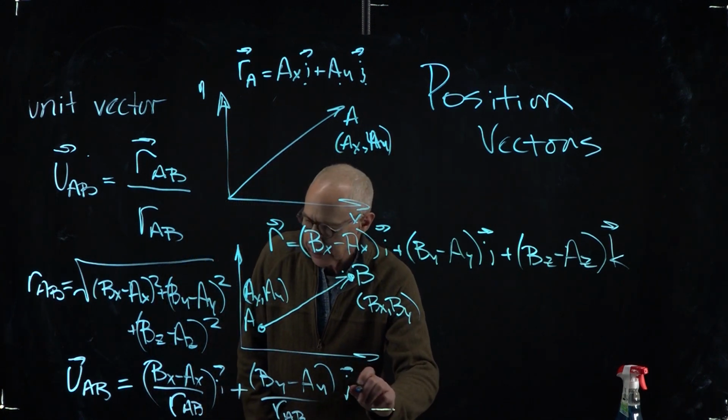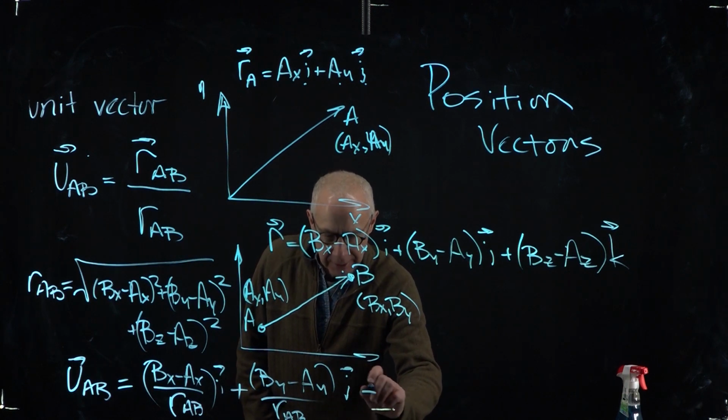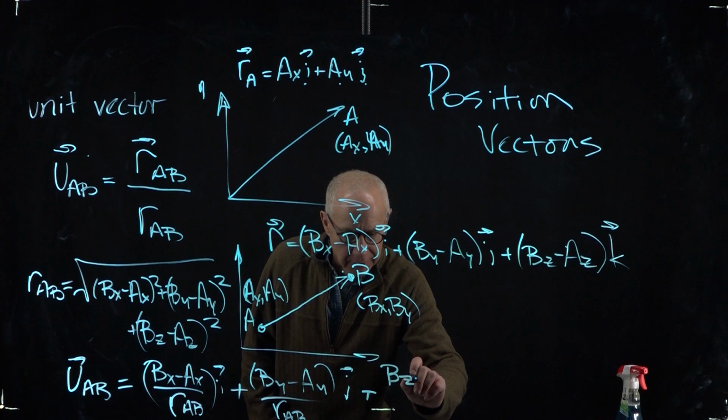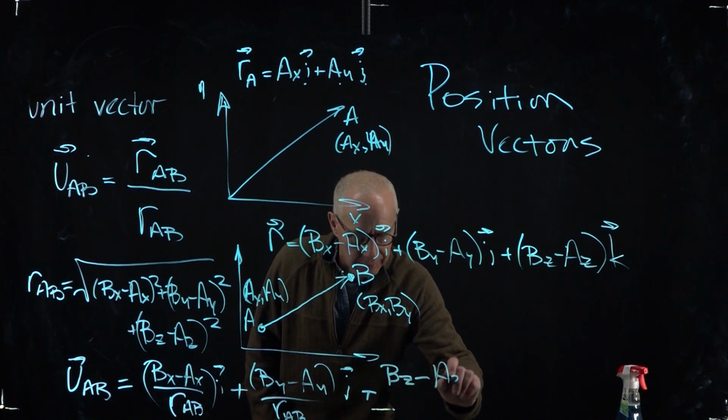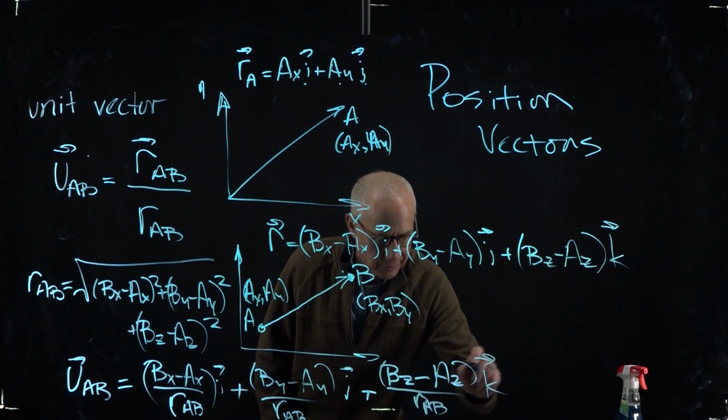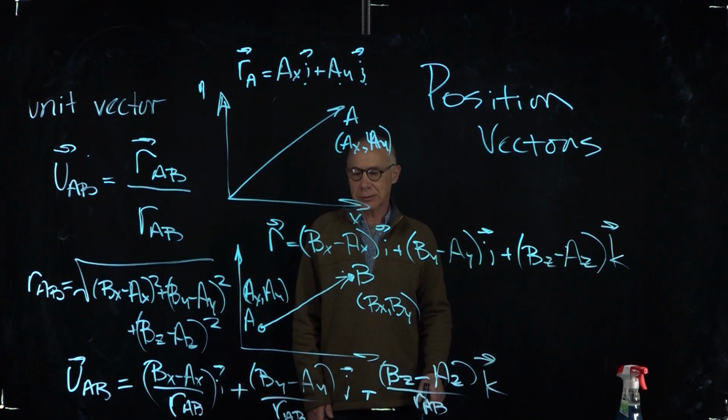And then we're going to have one more term, which is bz minus az divided by r_AB times our unit vector in the k direction.